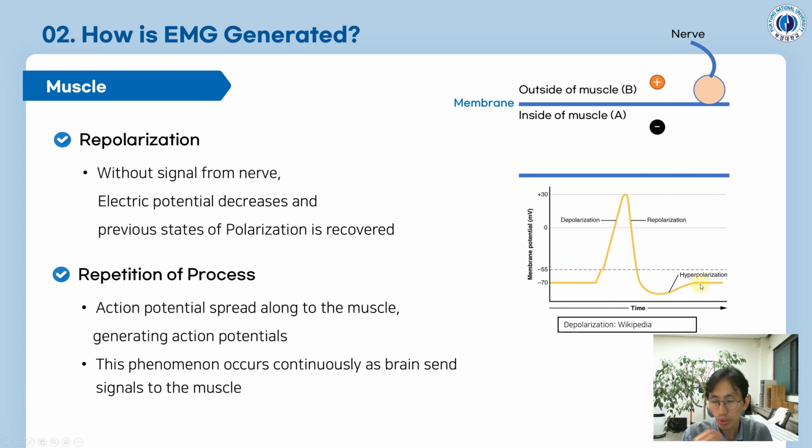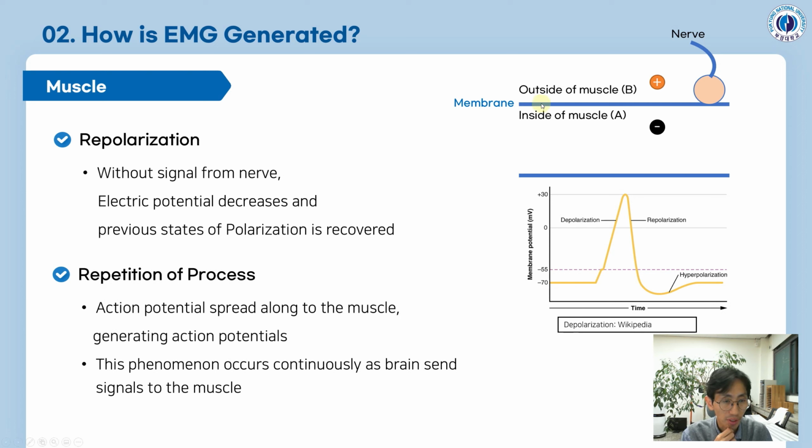We call this repolarization. So there are states of polarization, plus and minus, depolarization, going up, and repolarization, coming back and stable again. And this process is repeated continuously.